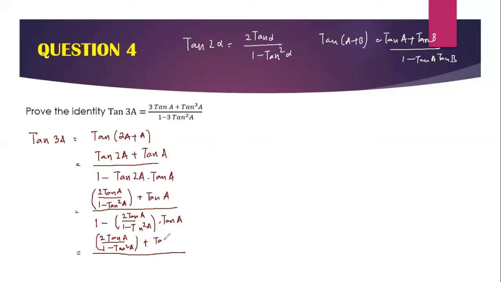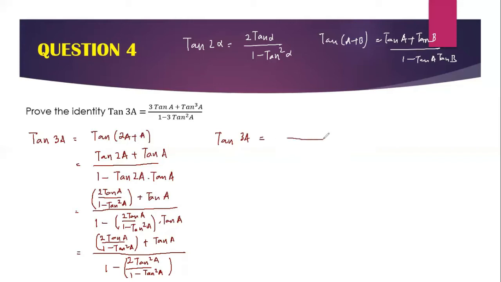Plus tangent A. And for the downside is 1 minus 2 tangent square A over 1 minus tangent square A, right? Okay. Next, tangent 3A equals.